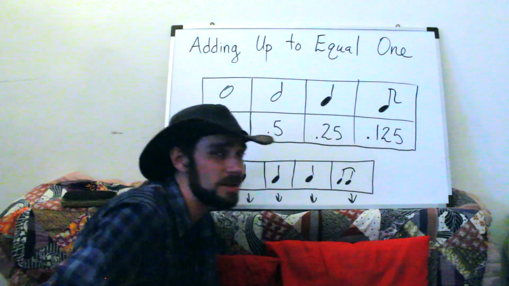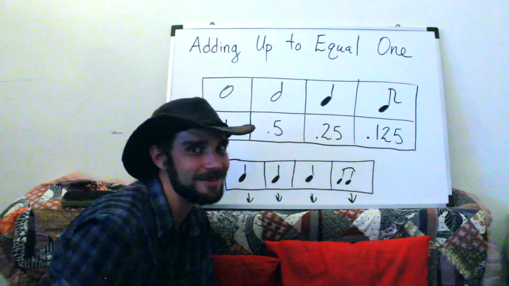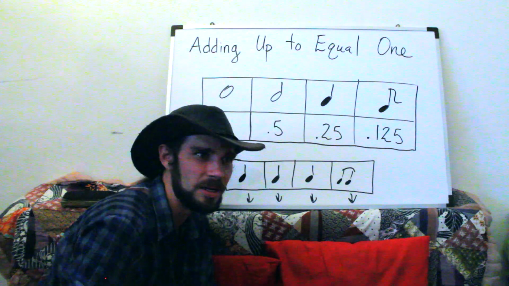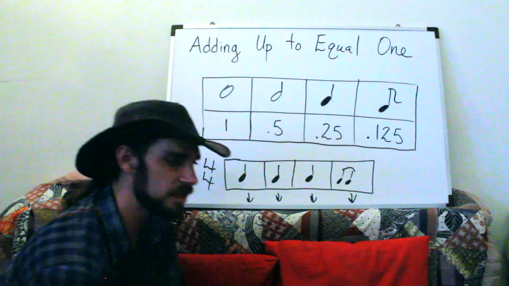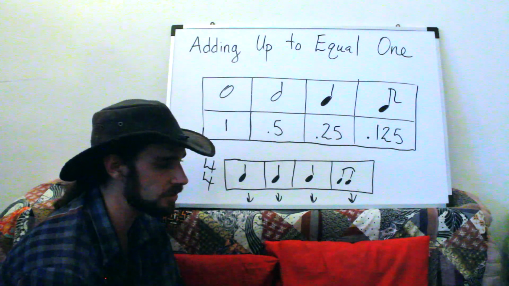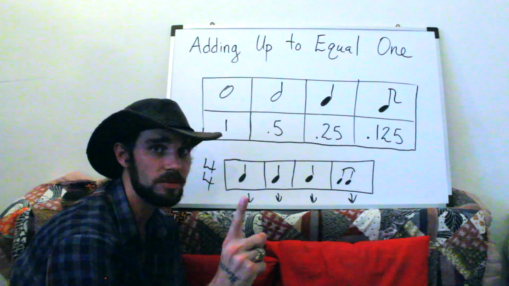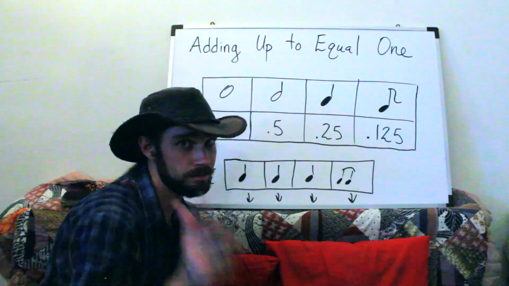It's actually pretty easy to lose track and put an extra 32nd or to not have that 32nd. So you just always need to keep this in your mind. Like, are the notes that I'm writing at the end of my measure creating 1? Are you adding up to equal 1? Thank you.